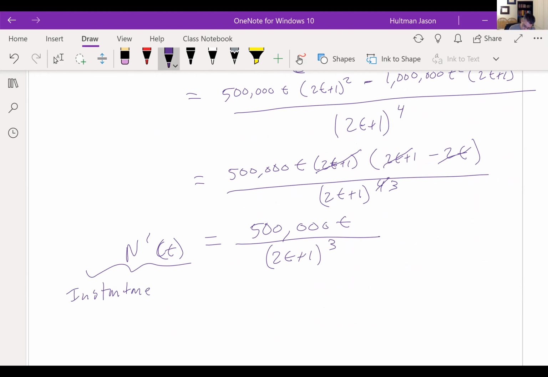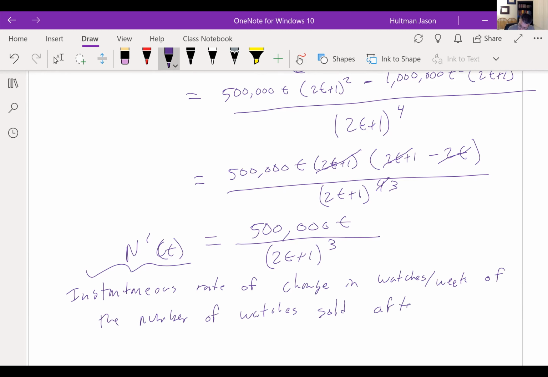Instantaneous rate of change in watches per week of the number of watches sold after t weeks.